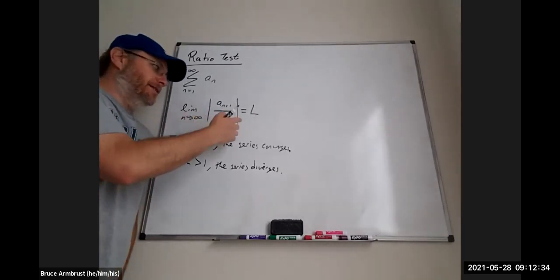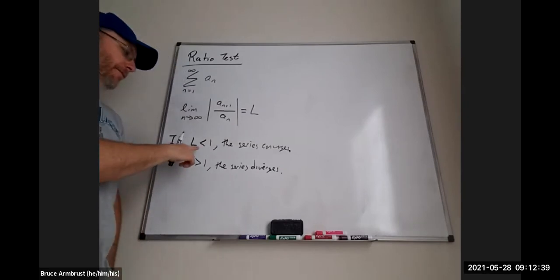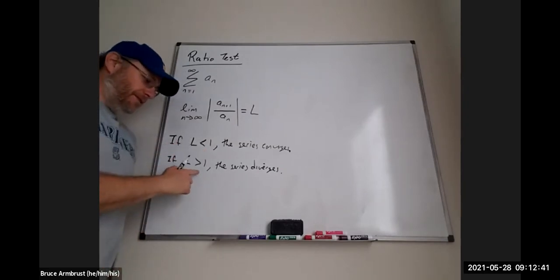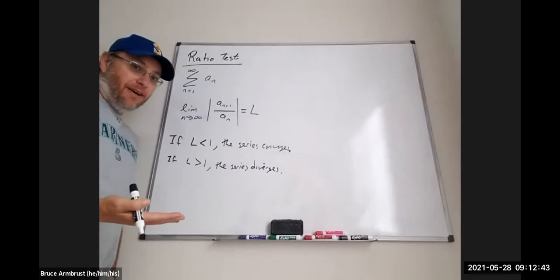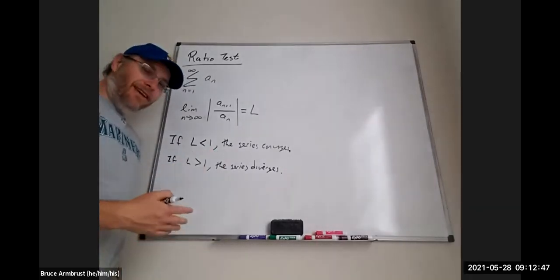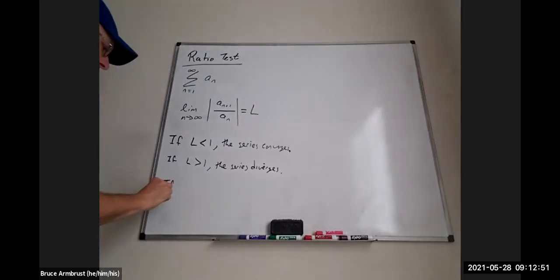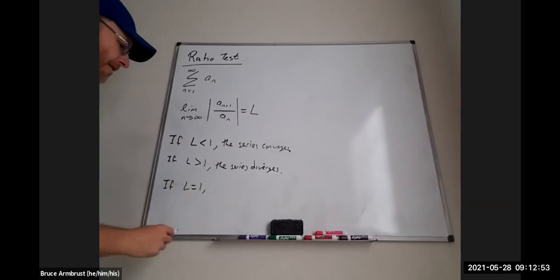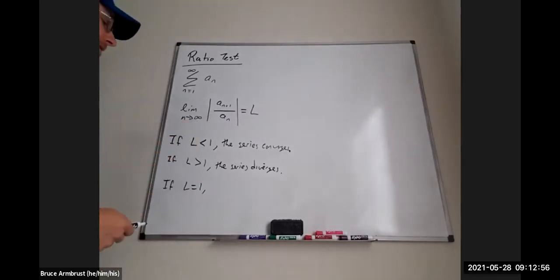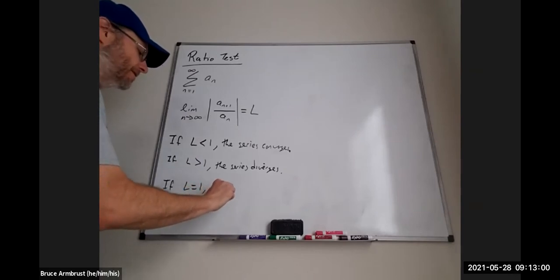Obviously it's going to be non-negative because of the absolute value. But if one statement is less than 1 and the other is greater than 1, the obvious question is, what if it's equal to 1? This is our third condition. If L is equal to 1, and this is the only thing that sucks about the ratio test, then the test is inconclusive.